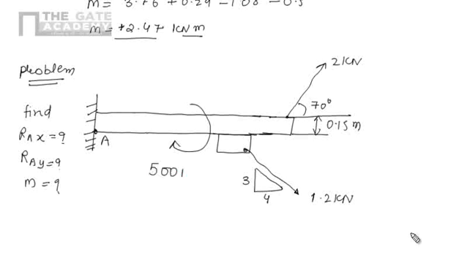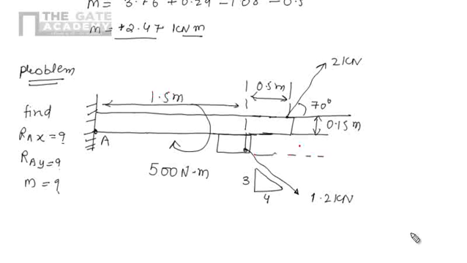It is 500 Newton meter. The distances are the same, 1.5 meter and 1.5 meter, and this distance is suppose 0.15 meter, so it's a different problem from the previous one. All other things are the same, but here I am considering the depth also, and now I am interested in the various things like RAX, RAY, and M.